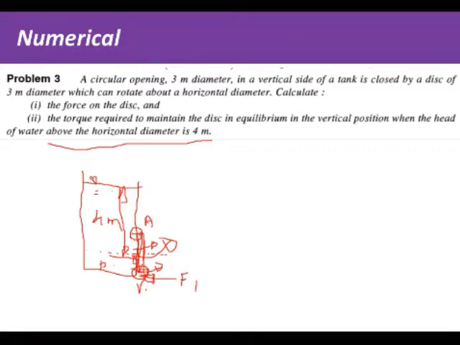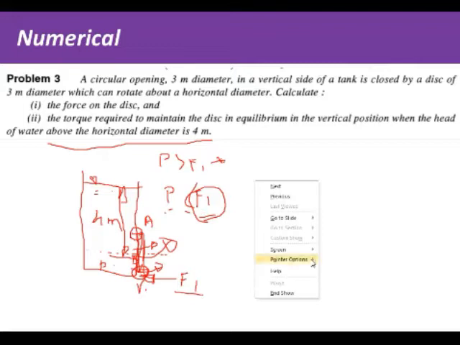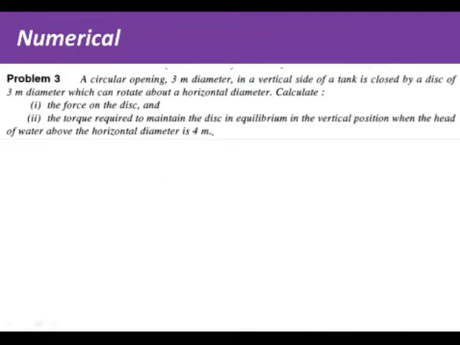If F1 is less than P, or P is greater than F1, the gate will open, and if the applied force F1 is more than or equal to P, the gate will remain closed. So what is asked: calculate the force on the disc.